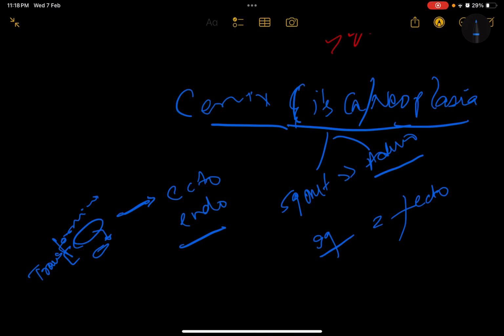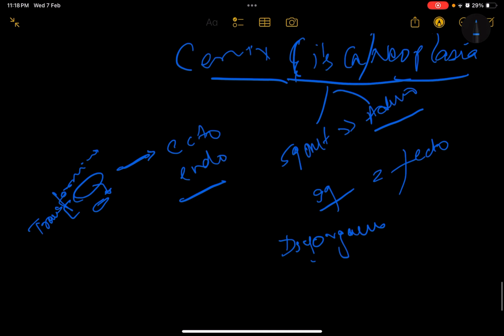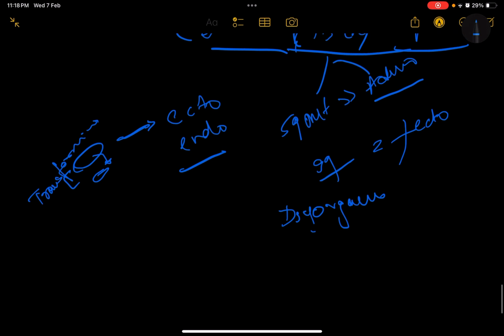Now, very important for us to understand is that dysplasia is basically metaplasia that is occurring in a disorganized manner. So disorganized cells. Now we've divided it into three parts. We've got CIN 1 to 3, and CIS. The reason we spoke about dysplasia is because of this.